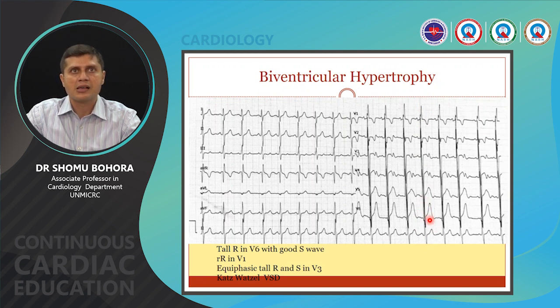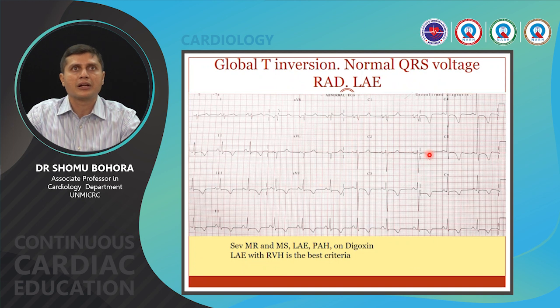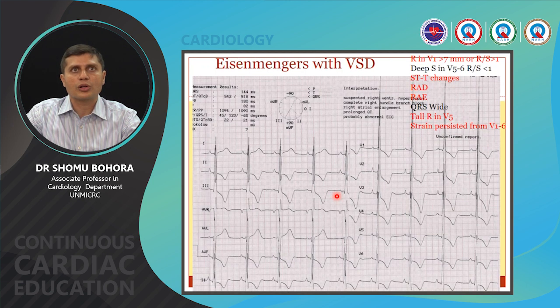The axis is towards the right side in this patient, or indeterminate. Global T wave inversions along with some voltage criteria in V5, V6, along with right axis deviation, are also considered an association of biventricular hypertrophy.